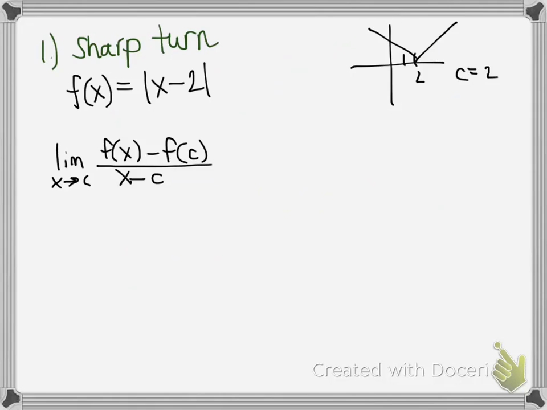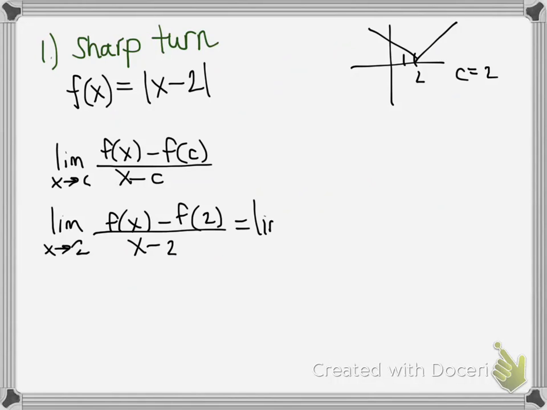So I'm going to use the limit as x approaches 2 of f of x minus f of 2 over x minus 2. So I have the limit of f of x, which is the absolute value of x minus 2, minus f of c, which is going to be 0, over x minus 2, as x approaches 2.